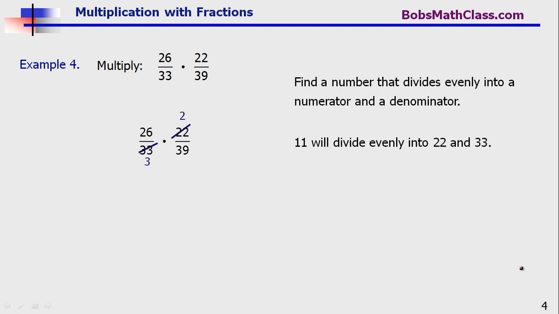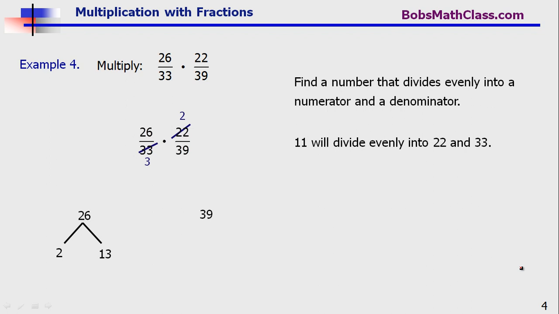Now, is there a number that goes into 26 and 39? I don't know. If you're like me, you have a hard time thinking about what number goes into these numbers, so you might want to just do the prime factorization, the tree, for 26 and 39. So 26 is 2 times 13.